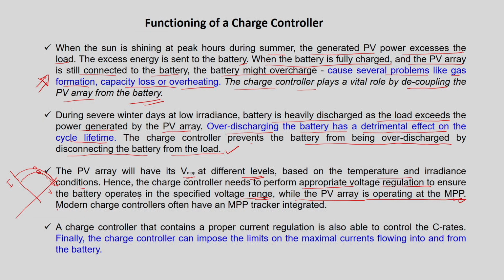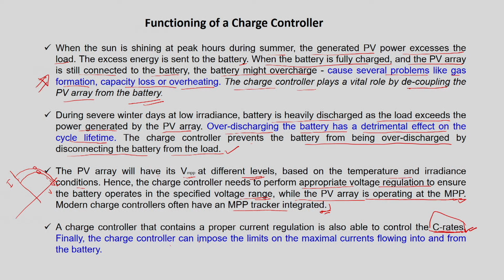Of course, modern charge controllers often have an MPPT tracker integrated. If this MPPT is integrated, then it is not a problem, it will operate at the maximum power point. A charge controller that contains proper current regulation is also able to control the C rate.